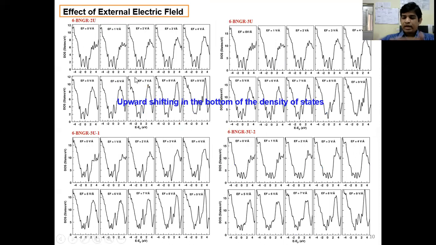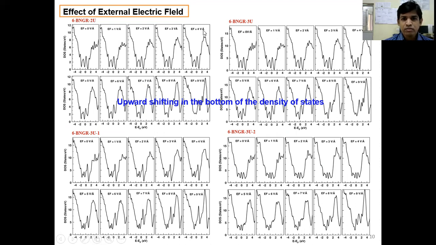Now when an electric field is applied perpendicular to the sheet, along the length and perpendicular to the sheet, we can see the electric field is increased from 0 to 9 volt per angstrom.